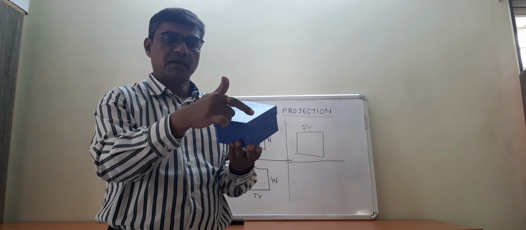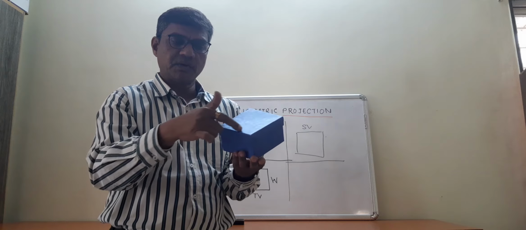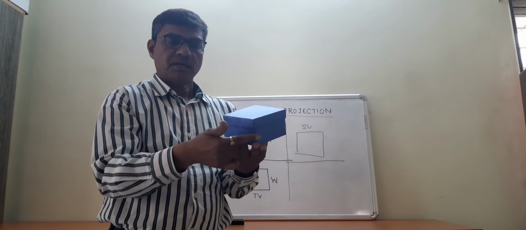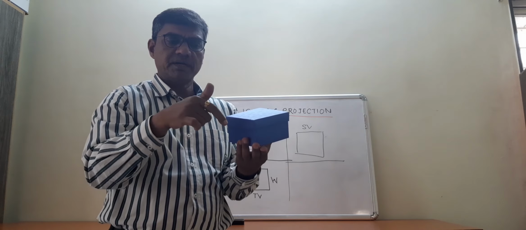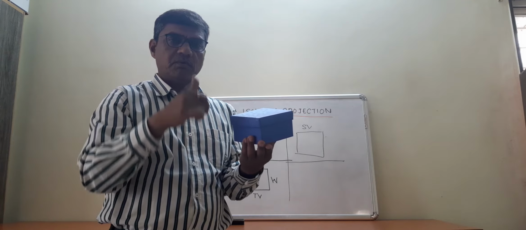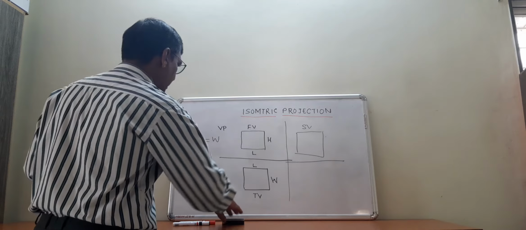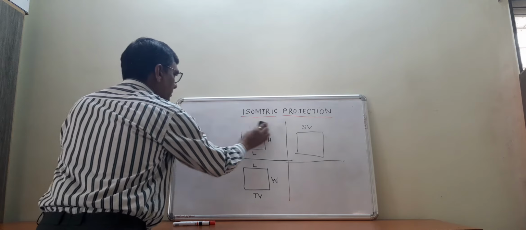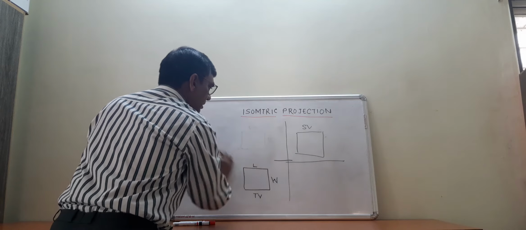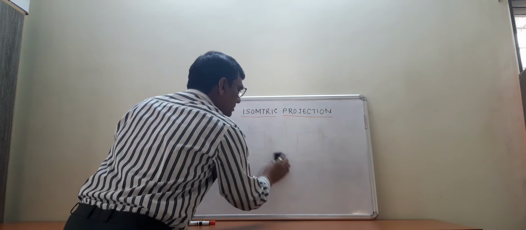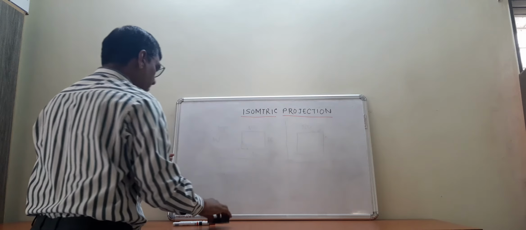That means angle between this line and this line is 120 degree. When I open this line also, so angle between this and the vertical line, that also will be 120, and from here also it will be 120. So three lines which are going to give equal angle inclination, that will give us the first input for the construction of the isometric box.